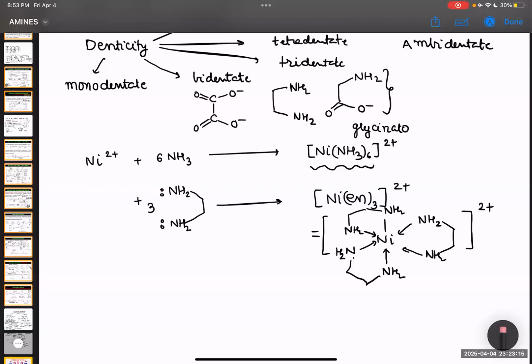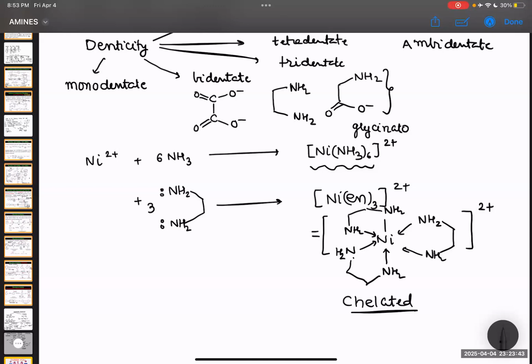They are known as chelated complexes. Got it? Chelated complexes are more stable than non-chelated ones. Got the point?